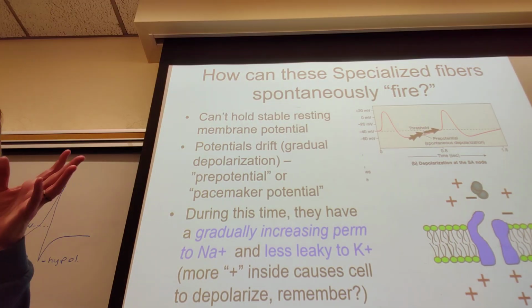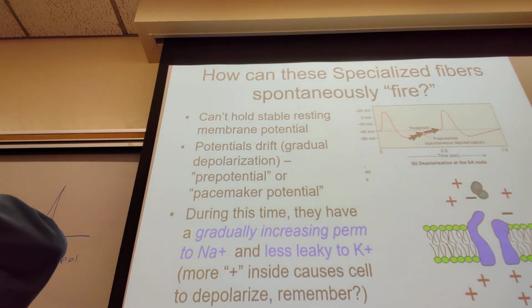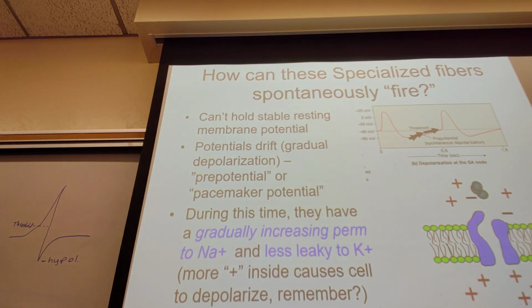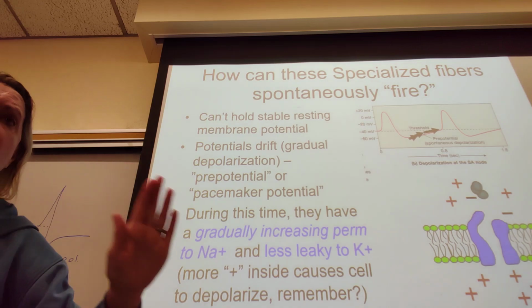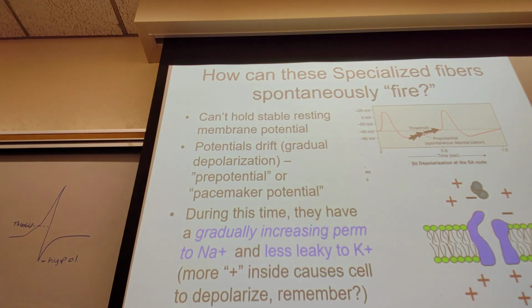Between that combination, potassium ions, positively charged, being trapped, and sodium, positive charges, allowed to leak in, this accounts for the pre-potential that we see in all specialized cells. All of them have this action potential that I'm showing on the screen.